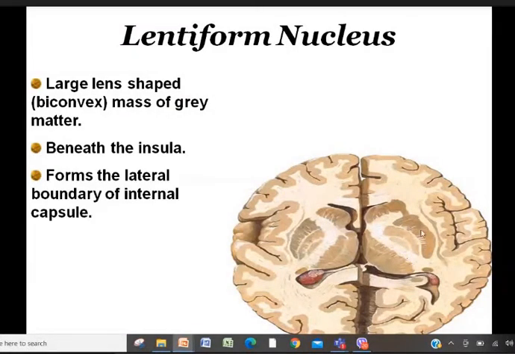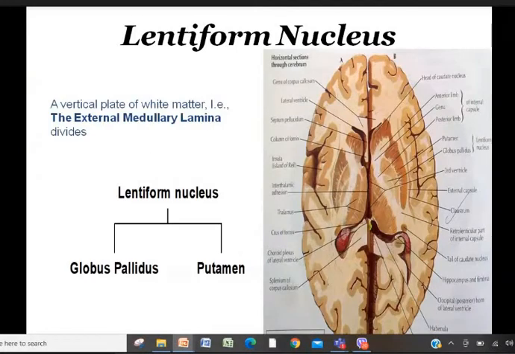Beneath this lentiform nucleus lies the insula. Look here, this is the internal capsule. So this whole lentiform nucleus forms the lateral boundary of the internal capsule. Most probably you have studied the internal capsule, so you understand this.